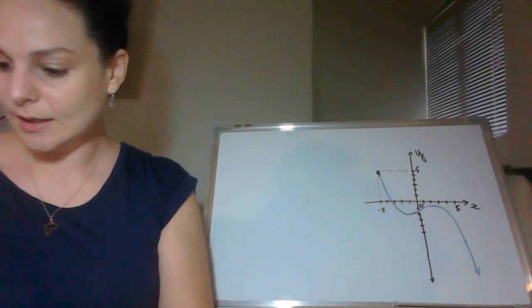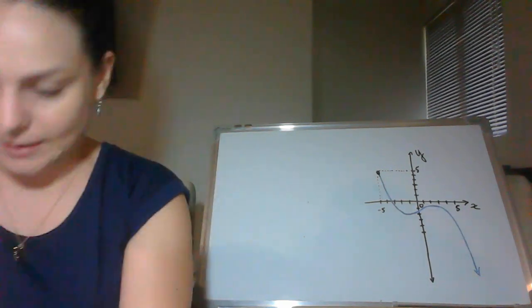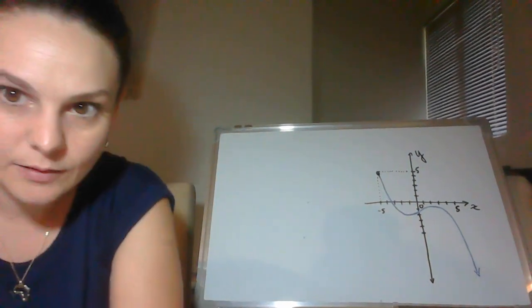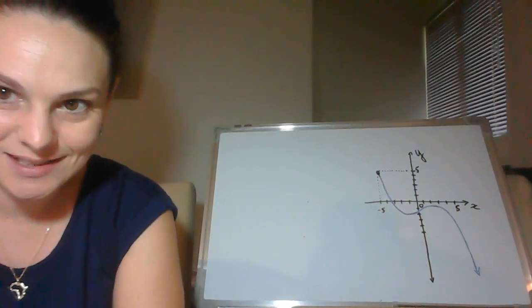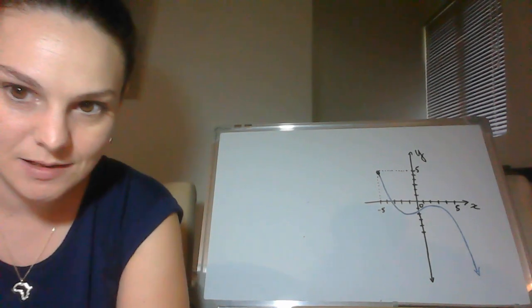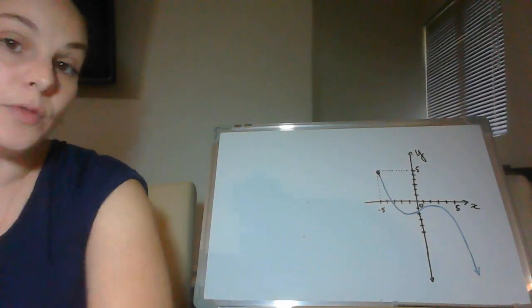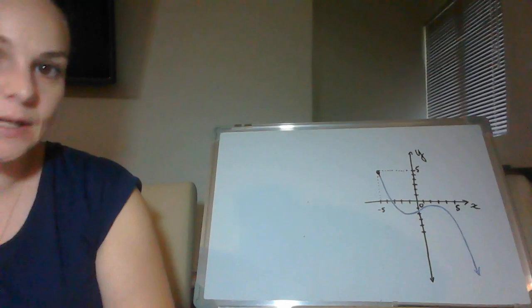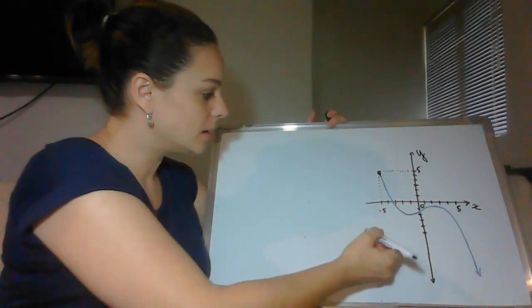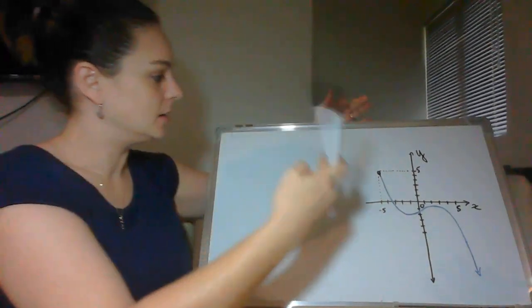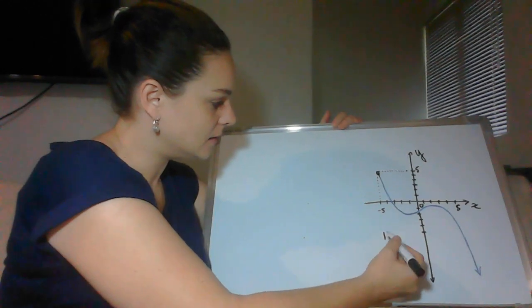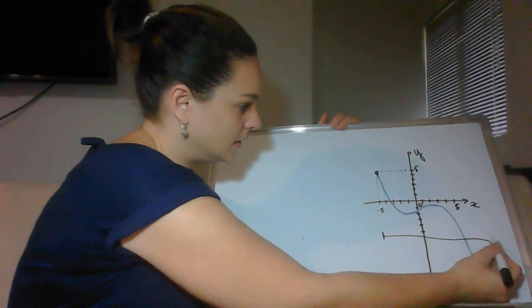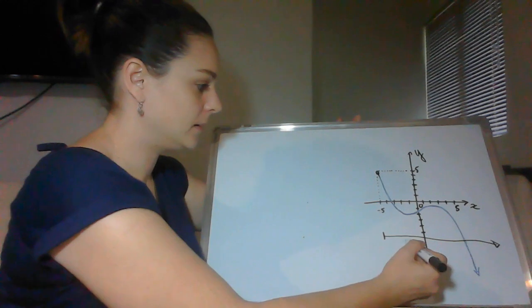Okay. So what do we have here? The domain is the interval on the x-axis where the function exists. So for instance, for this blue line, the domain will be here, there. That's the domain.